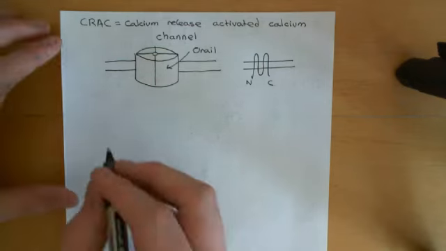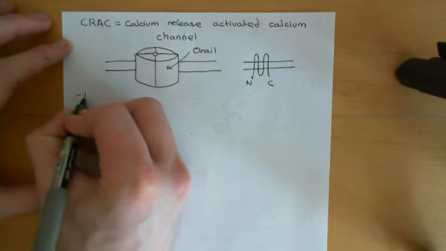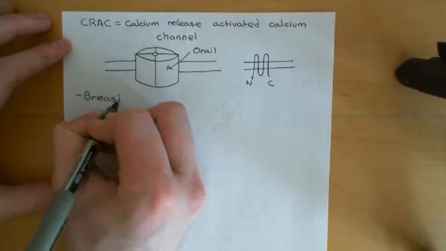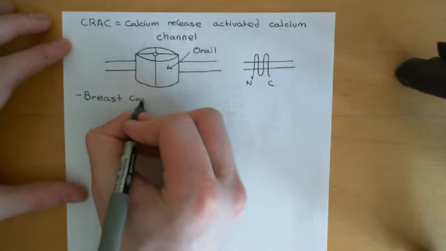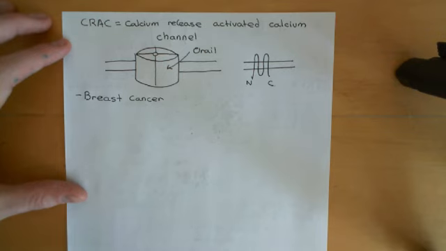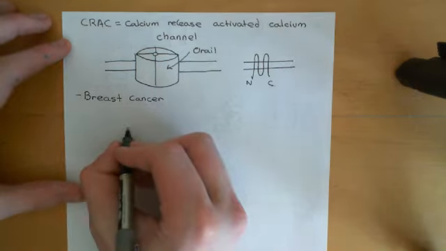Now, where has this been found in cancer? Well, it's been found to be complexed with another ion channel in certain breast cancer cells. And it seems again that this complex is extremely important for the metastasis properties of these breast cancer cells.